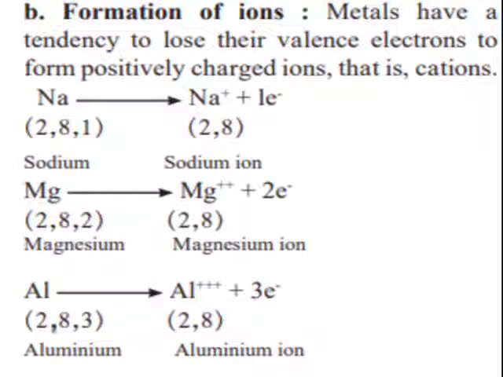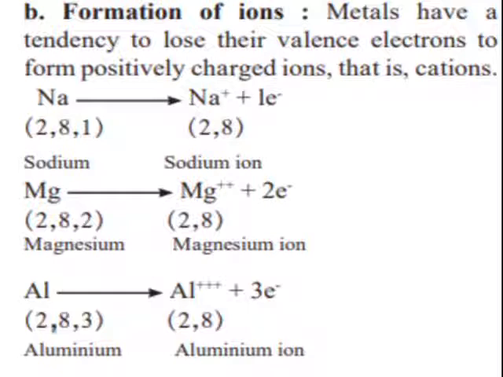Formation of ions. Metals have a tendency to lose their valence electrons to form positively charged ions, that is, cations. With the equation, we can understand it better. First, Na has electronic configuration 2, 8, 1.